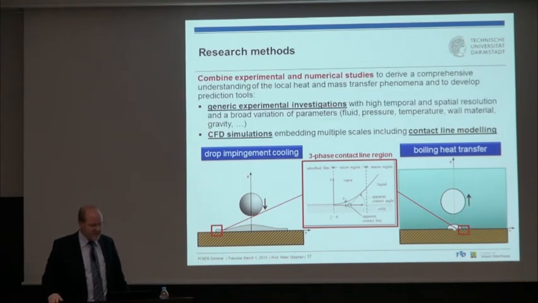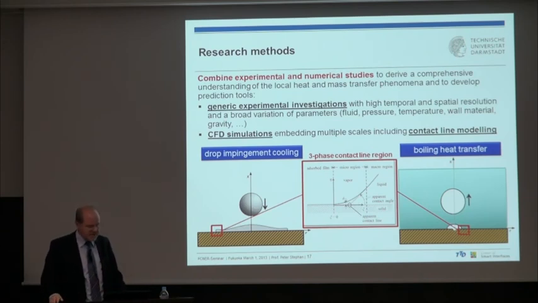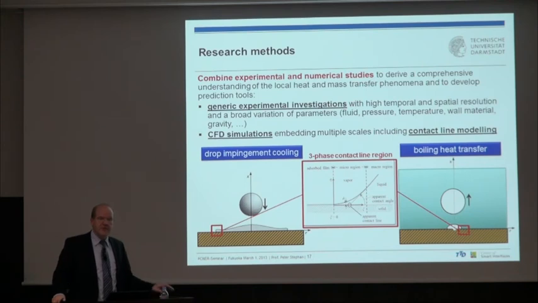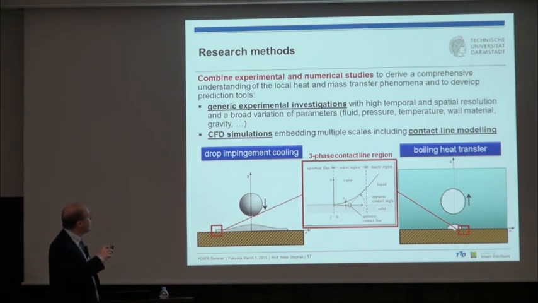So the research method is the following. We try again to combine experimental and numerical studies to derive a very basic comprehensive understanding of the very local heat and mass transfer phenomena, and at the end then to develop prediction tools. From an experimental point of view, we use high temporal and spatial resolution and a rather broad variety of parameters.